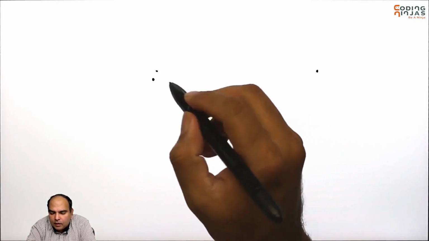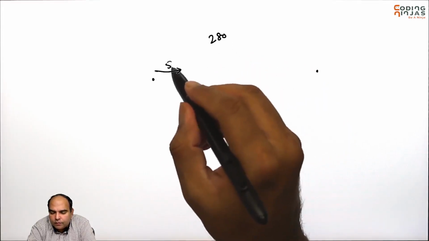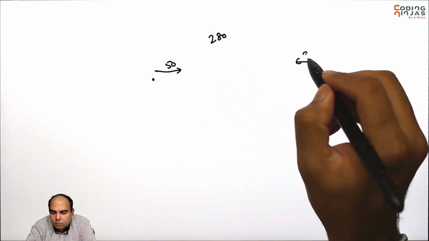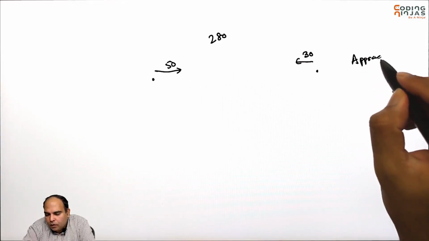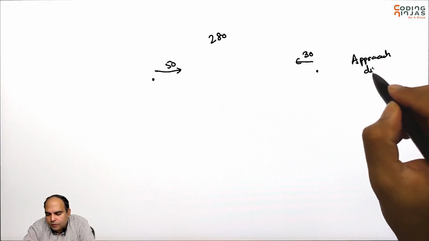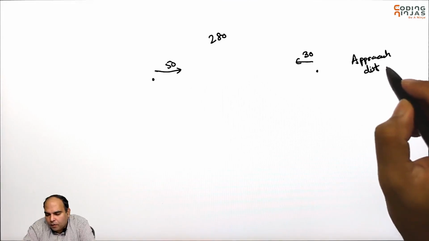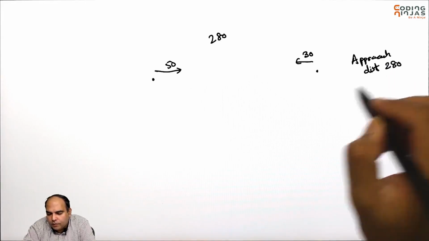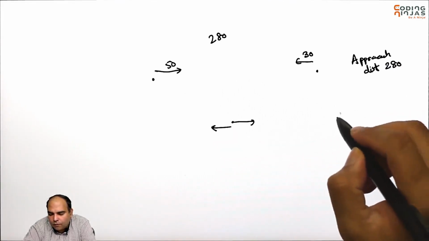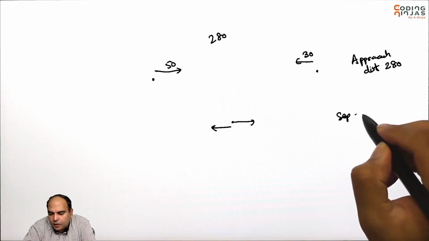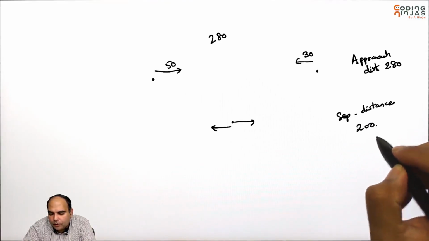is essentially that first, originally the starting distance was 280. So you'll have to complete an approach distance of 280, and then a separation distance of 200.